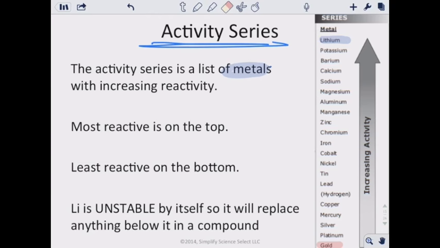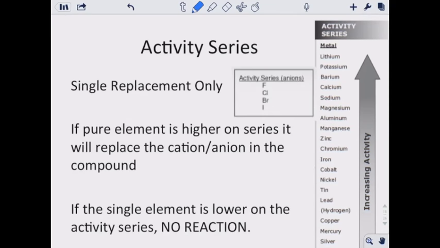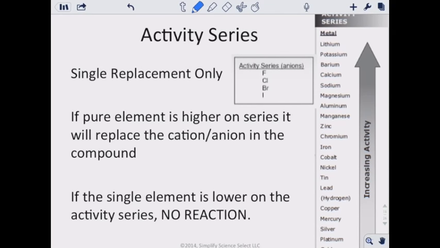It's very unstable, so therefore it'll replace any compound that has any metal, any of these guys, because lithium is so reactive. That's what the activity series is. It tells us if single replacement reactions are going to take place. So it's for single replacement reactions only, and this is a list of metals.